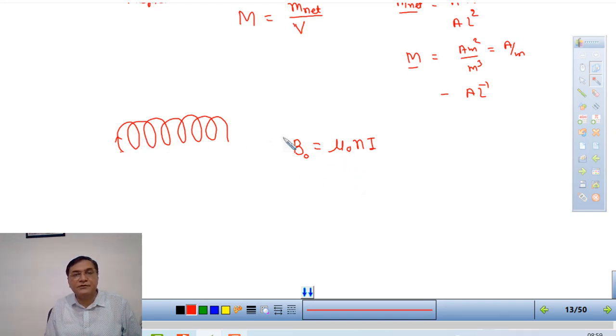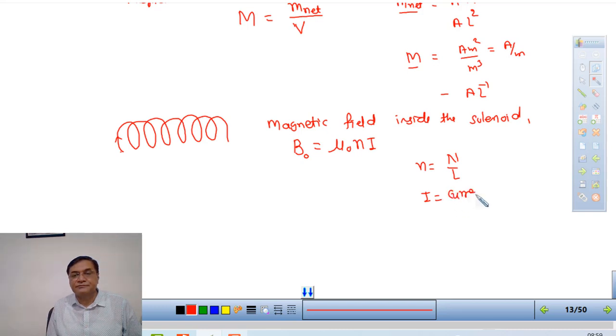B0 is the magnetic field inside the solenoid, equal to mu 0 n I, where mu 0 you know is the permeability of vacuum, n is the number of turns per unit length, so total number of turns upon length, and I is the current through the solenoid.